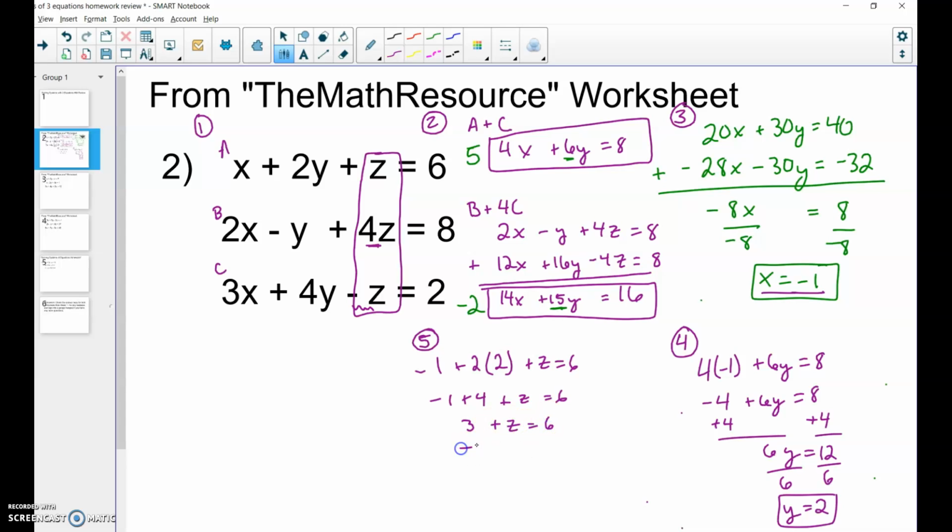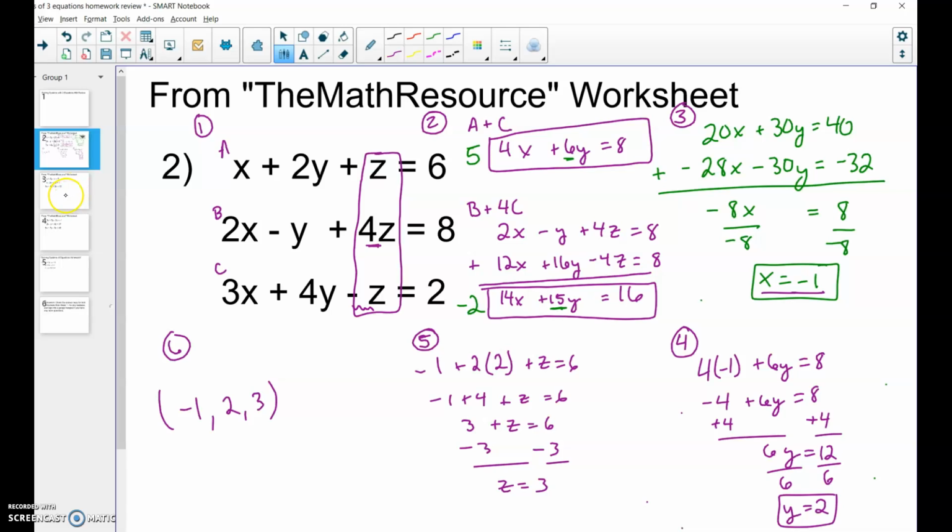And then solve for z. So then your solution is going to be negative 1, 2, and 3. Okay, that's number 2.